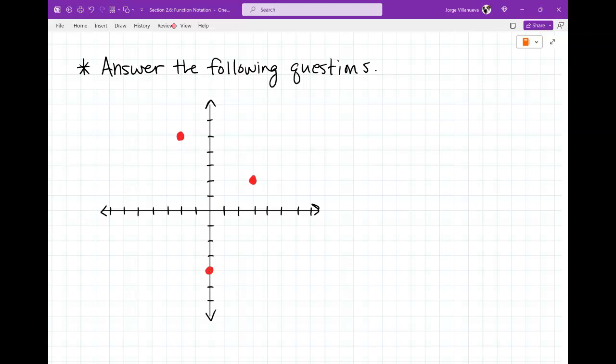And let's put a dot at -3, -1. So right there. I have 4 dots, one at 3, 2, one at -2, 5, another one at -3, -1, and the last one is at 0, -4.